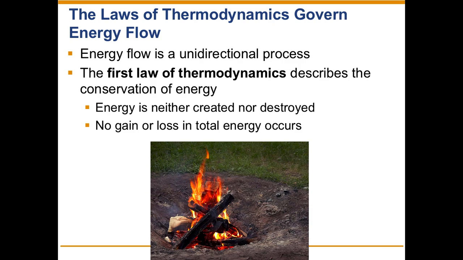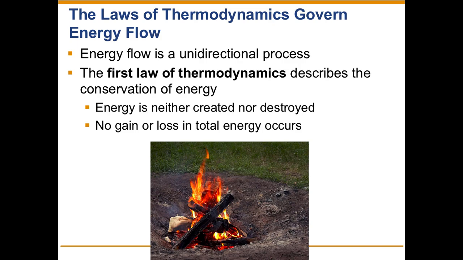Energy flow in an ecological system, like all energy, follows the laws of thermodynamics. The first law of thermodynamics: energy is neither created nor destroyed. Within a system, there will be no gain or loss in the total energy. Take this example from a fire.